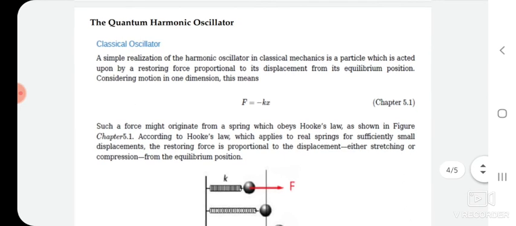First we will discuss its classical concept, then in tomorrow's lecture we will discuss its quantum concept. Actually the simple harmonic oscillator, a non-relativistic particle in a potential 1/2 kx square, is an excellent model for a wide range of systems in nature.